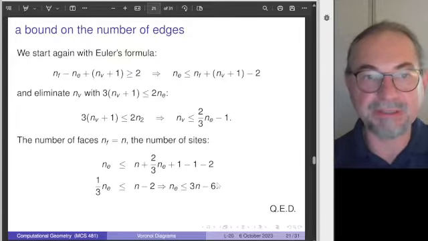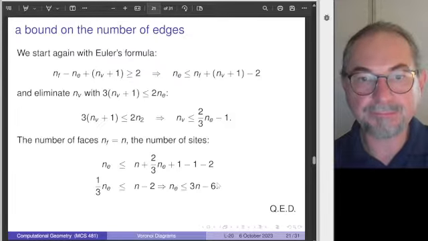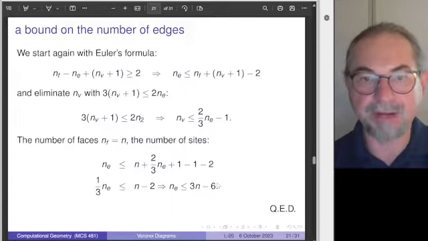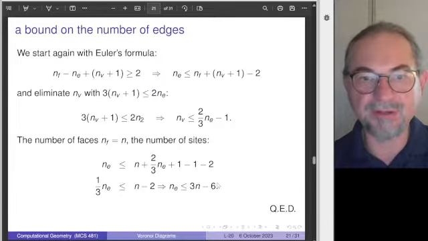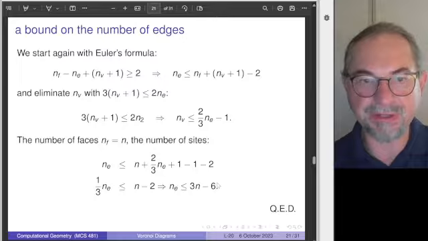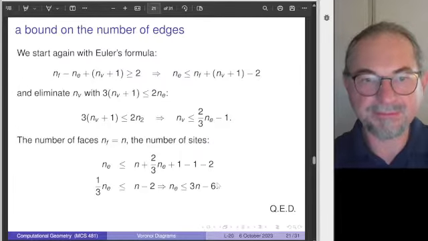Then we have this inequality again, and we now see it from the other side. So we have the bound on the number of faces again. We are eliminating the number of edges from this. So we are replacing, again, the number of faces, and then again, Euler's formula.